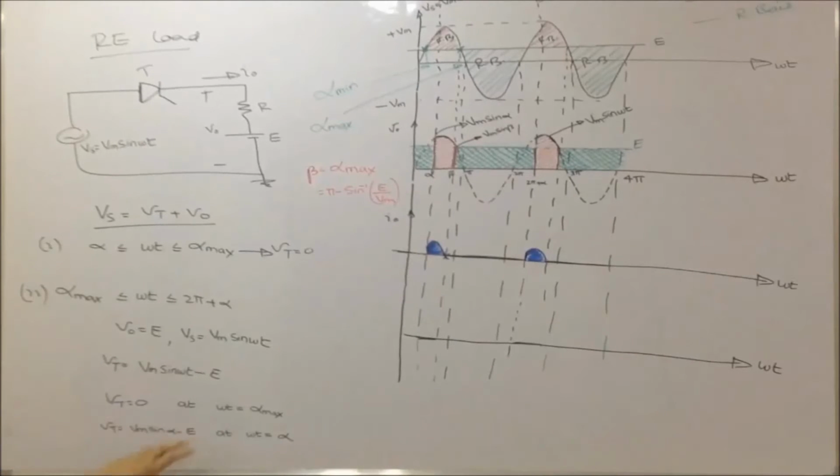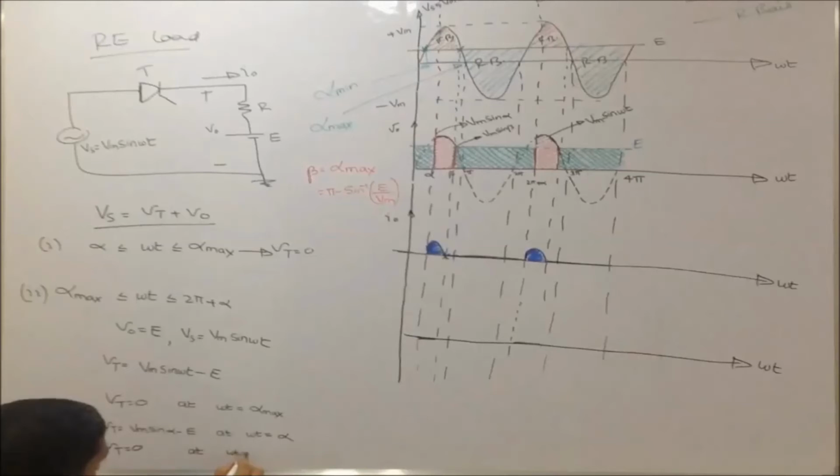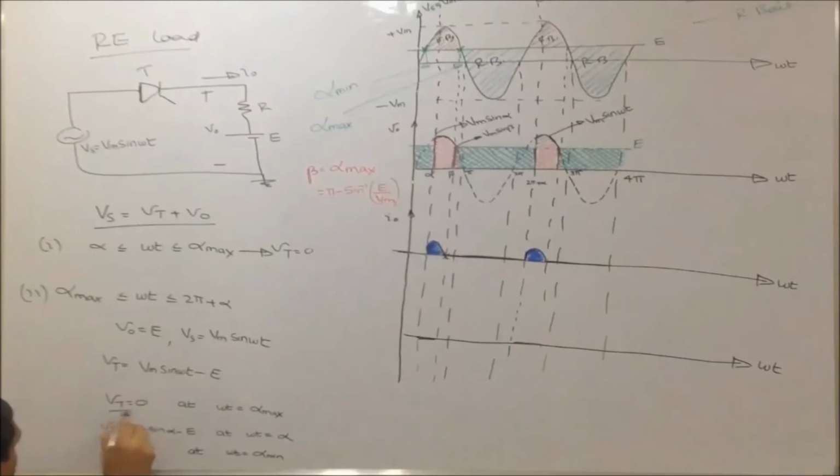Vt is 0 at omega t equal to alpha max. If you put omega t equal to alpha max, I get Vt equal to Vm into sin alpha max minus E, so that value is 0, as you have seen earlier. And at omega t equal to alpha, Vt is Vm into sin alpha minus E. Similarly, Vt equals 0 at omega t equal to alpha min. These two things are important.